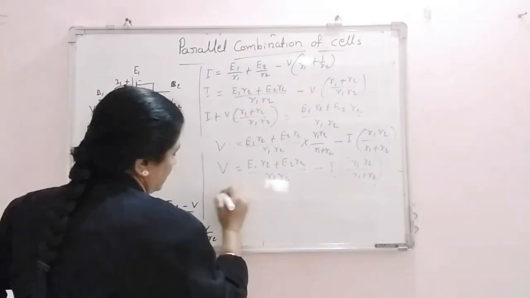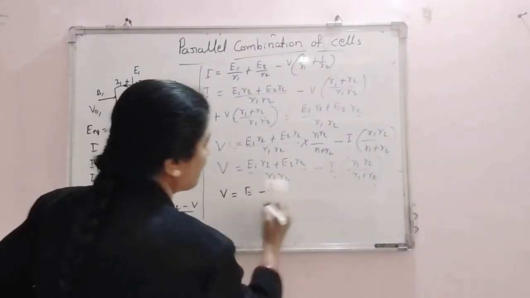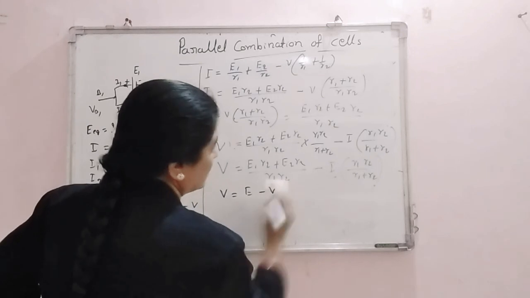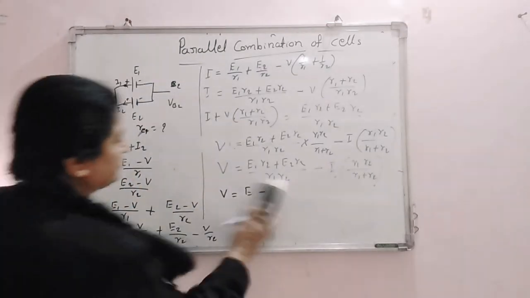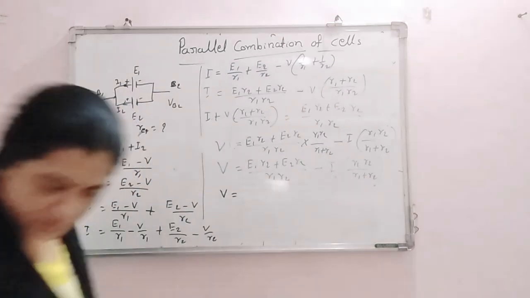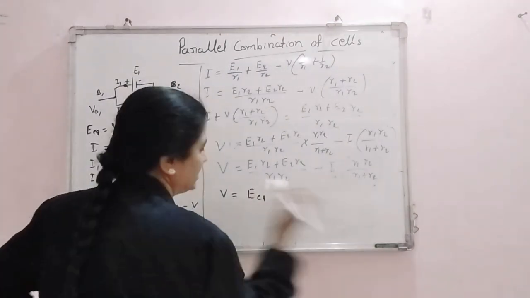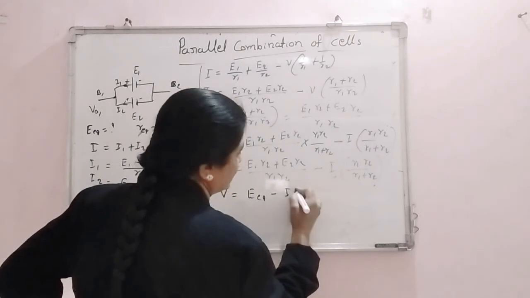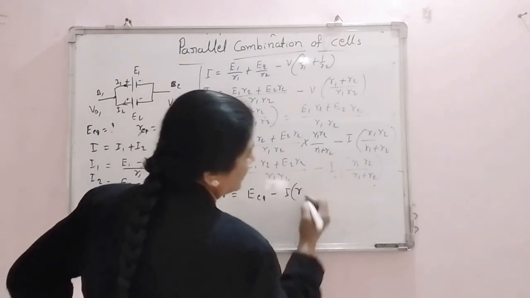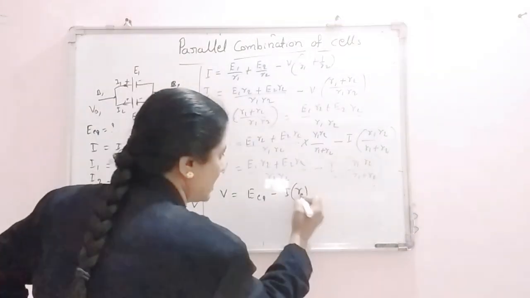In that we already studied that V is equal to E minus I r, you can write that E minus E equivalent, that is E equivalent, minus R into internal resistance, that is internal resistance R equivalent.